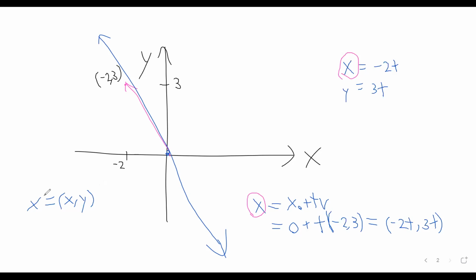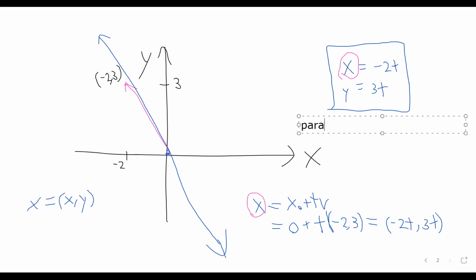So in one perspective, you think of x as a point on the line, and in the other, you think of x as the first coordinate of that point. So these are parametric equations for the coordinates of a point on the line.